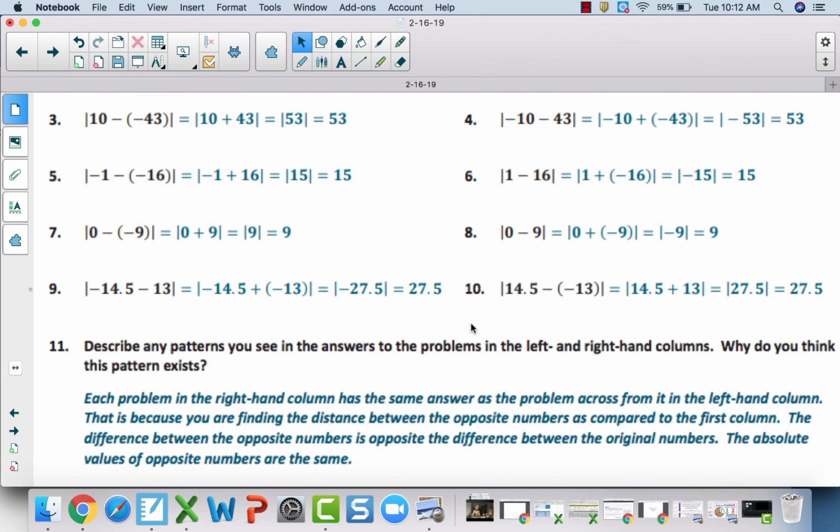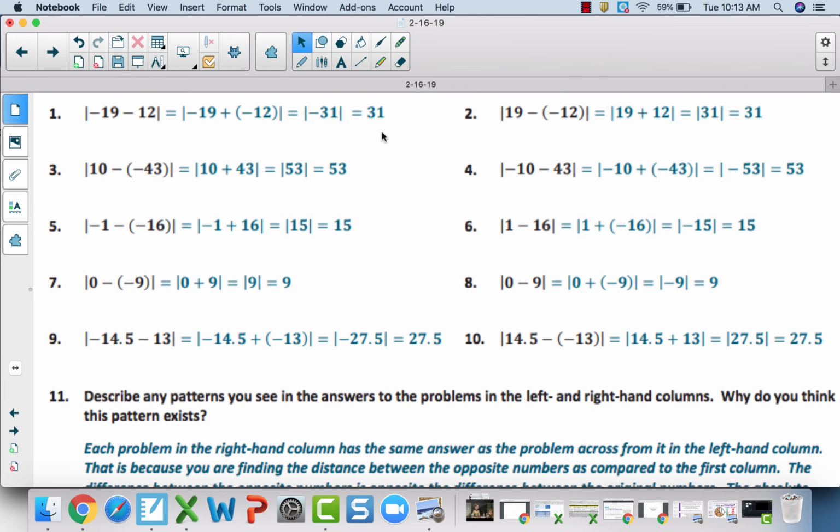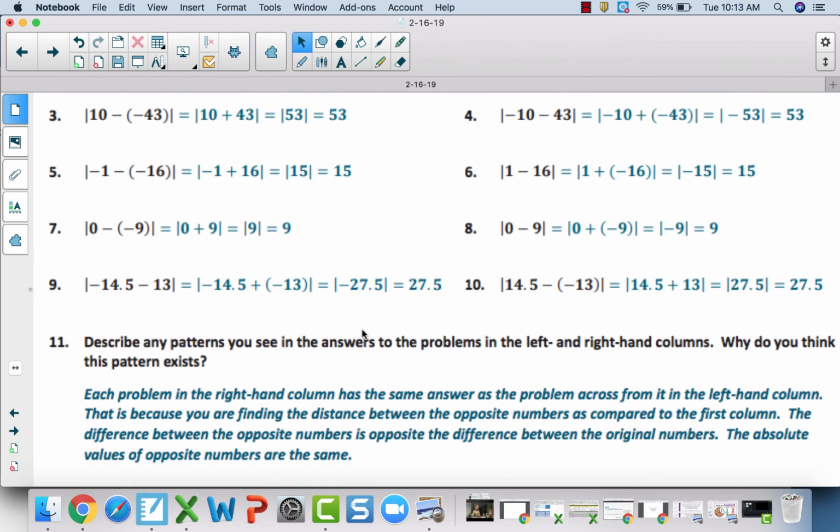Now, for 11, the pattern that exists is each problem in the right-hand column has the same answer as the problem across from it. So, for instance, if we just look at 1 and 2, both of the answers are 21. For 7, both of the answers are 9. And that is because you're finding the difference between the opposite numbers as compared to the first column.